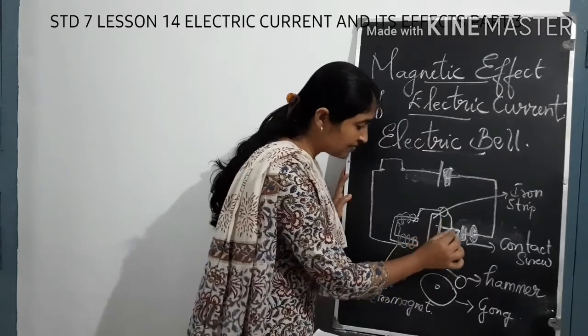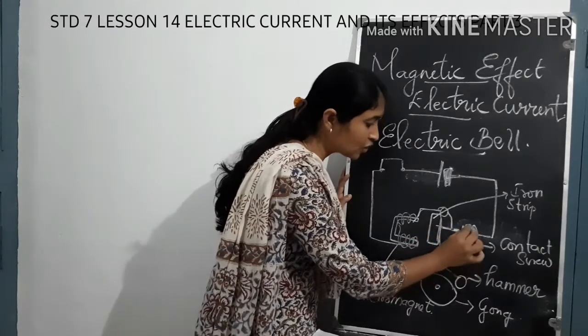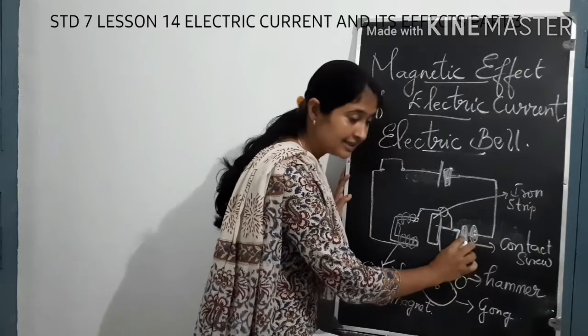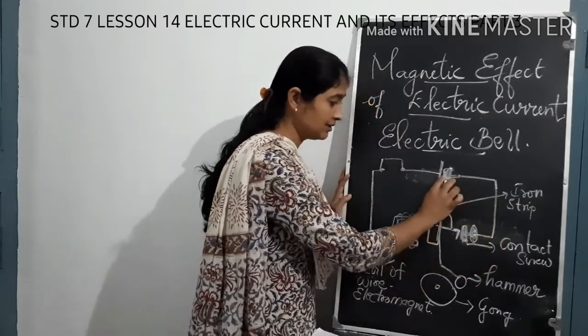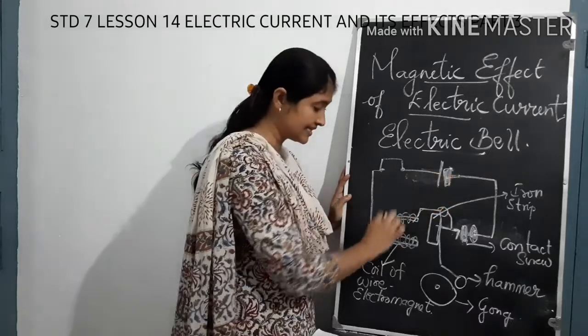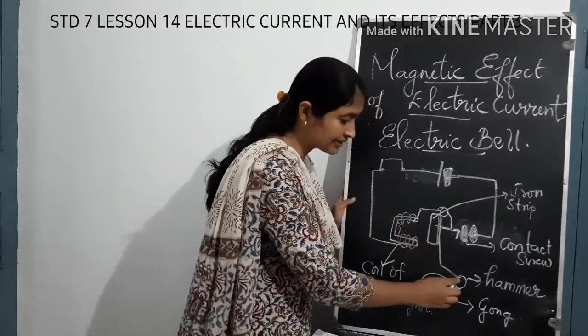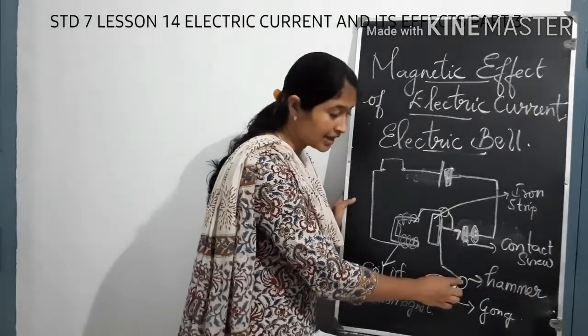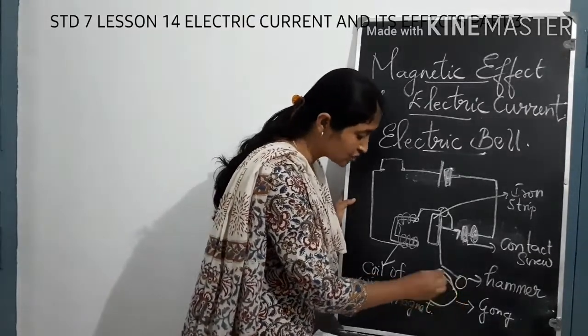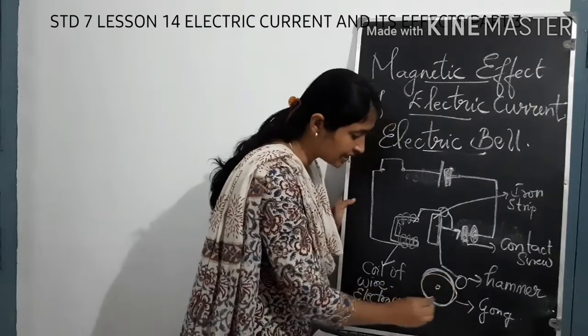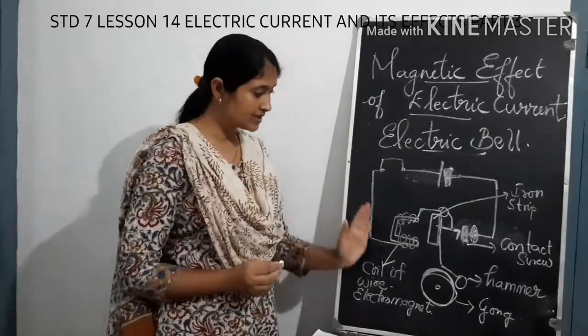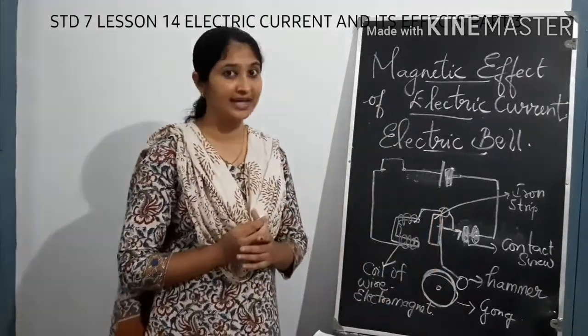The iron strip will have a contact screw near it, which is connected to the switch and the cell. This iron strip also has a hammer, and the hammer is close to a gong. This is the gong. So this is the circuit diagram of the electric bell.